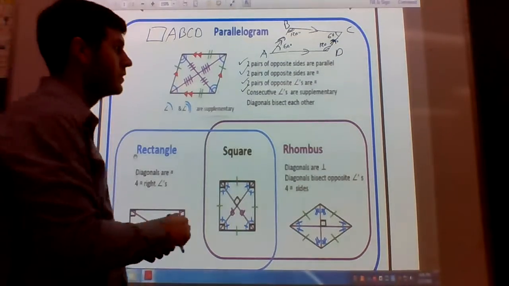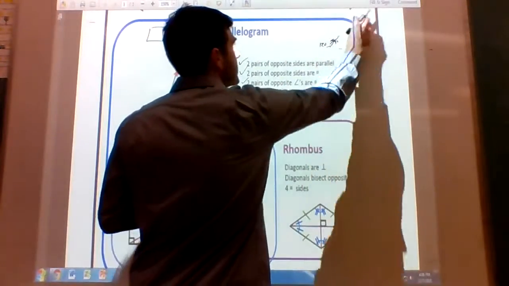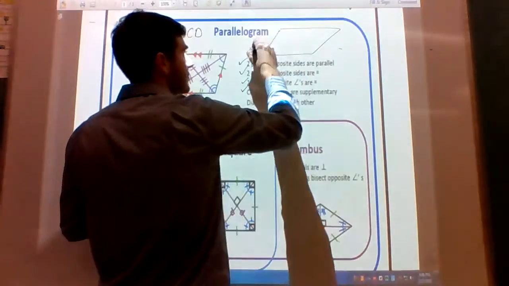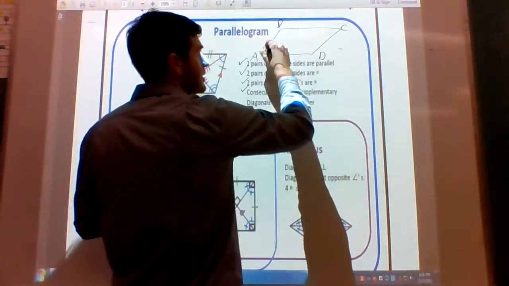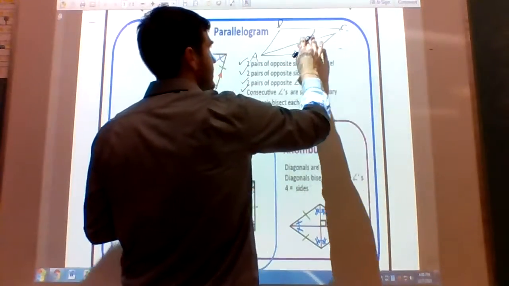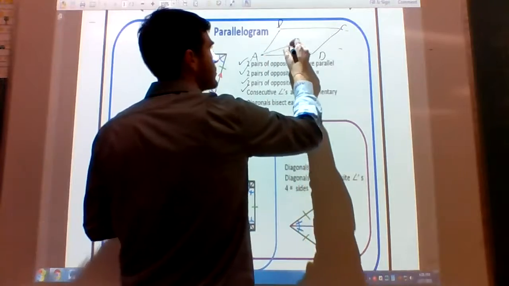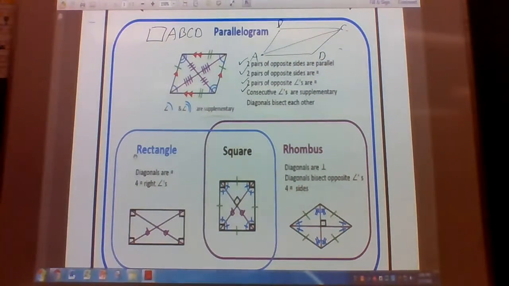Okay. And then the last one: diagonals bisect each other. So again, if we name it ABCD, a diagonal goes from one vertex to the opposite vertex.